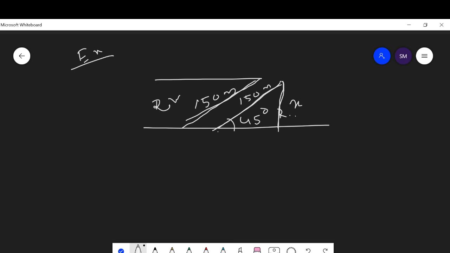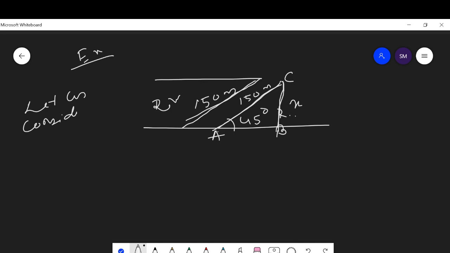Okay, then here we have to find out. Let this point be A, this point be B, and this point be C. Let us consider the triangle ABC. This is the river and this is the bridge. The length of the bridge is 150 meter, and the bridge makes an angle of 45 degree with its bank.